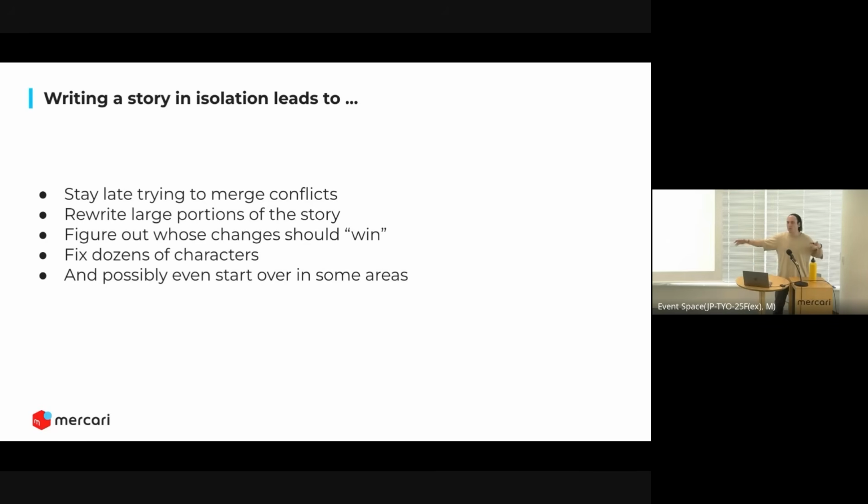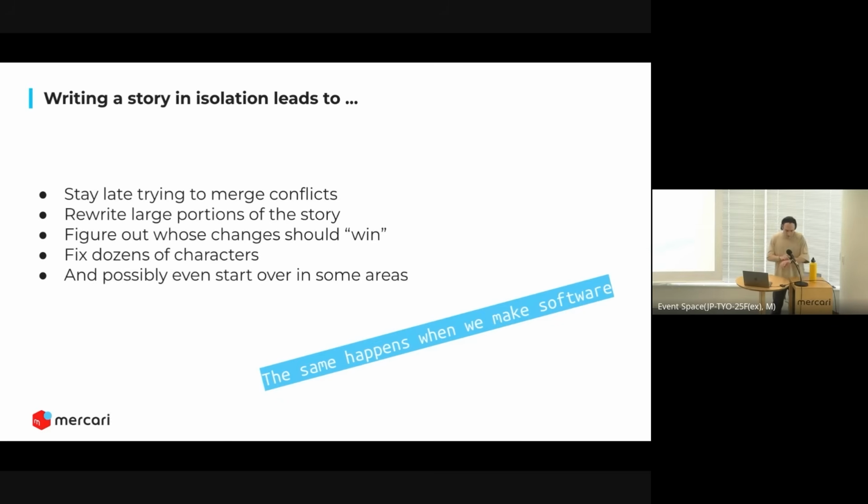You wrote a chapter for a month, so you're invested in it, and everyone else is also invested. Now deciding who should win, should John be a policeman, firefighter, or a chef, can be really difficult. You will have to fix dozens of characters and events because you want to make this story one coherent piece, right? And the worst of it all is that it is very possible that you will have to start over in some areas.